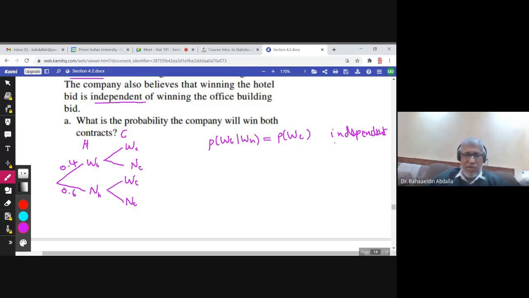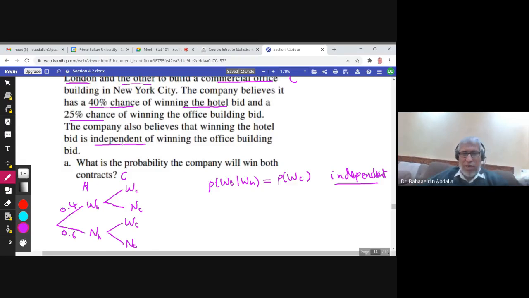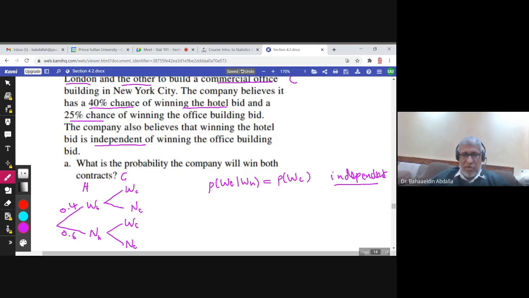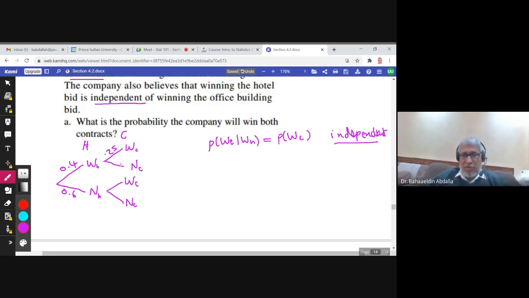This is the definition of independence. And the probability that the company will win the commercial office is 25%. So this is 0.25.